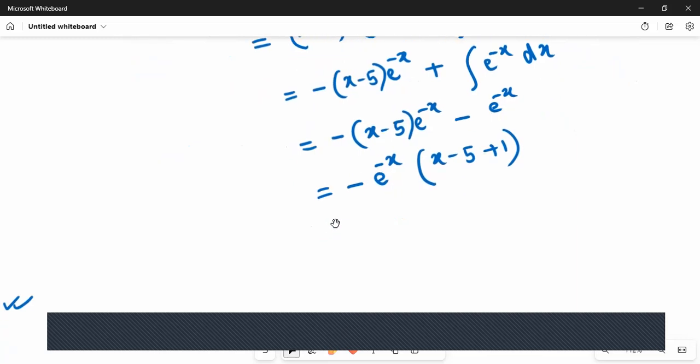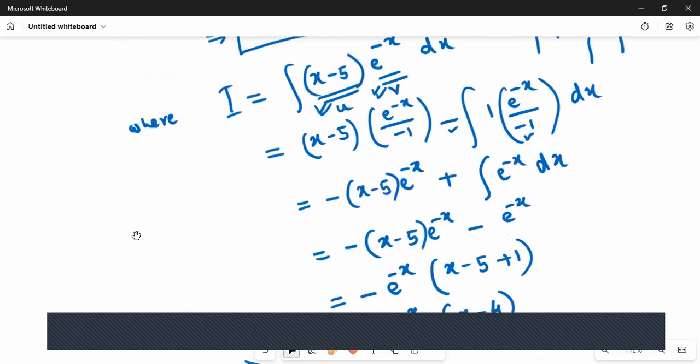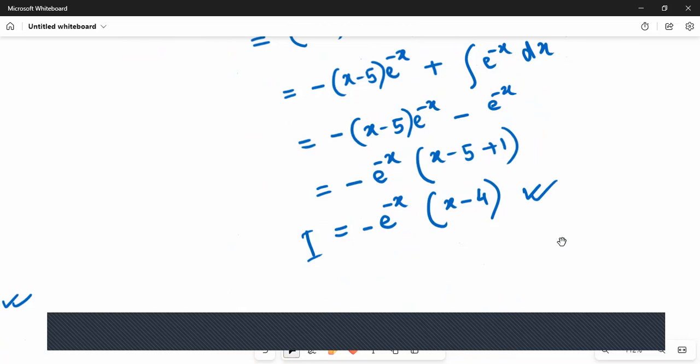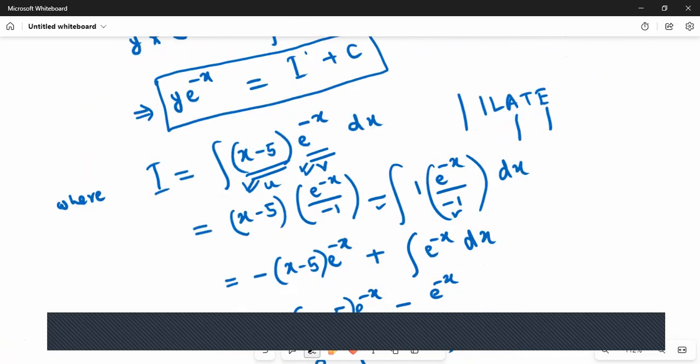Then it will be x minus 4, so minus e power minus x times x minus 4. Actually, there is no left hand side here. So this is your I. We will replace this I in equation number 1.